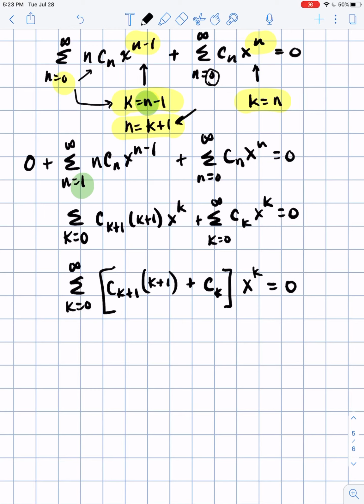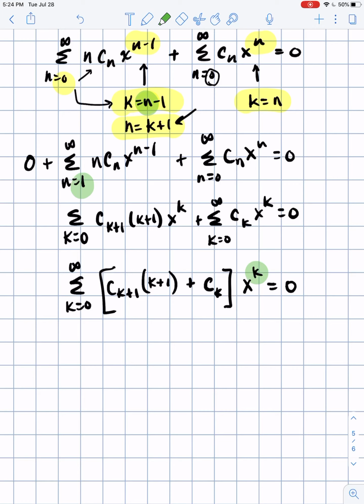Okay, so now this is what we did last time. Once we're down to this step, we want to solve for c sub k.